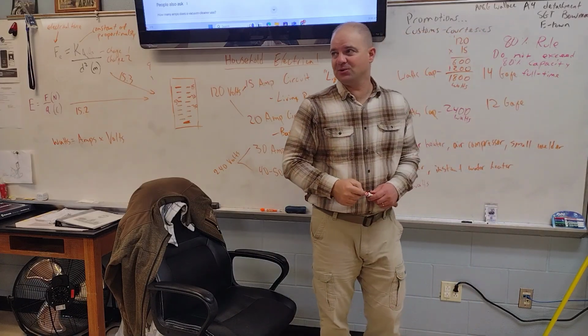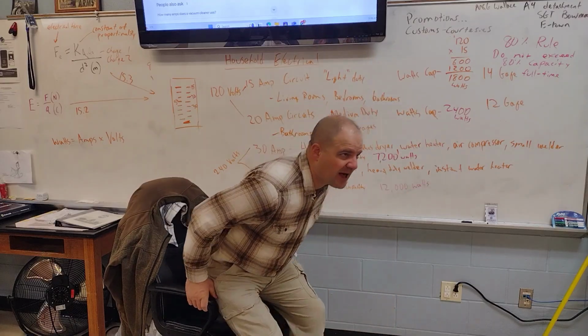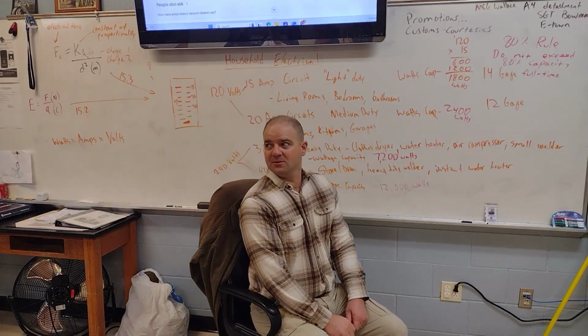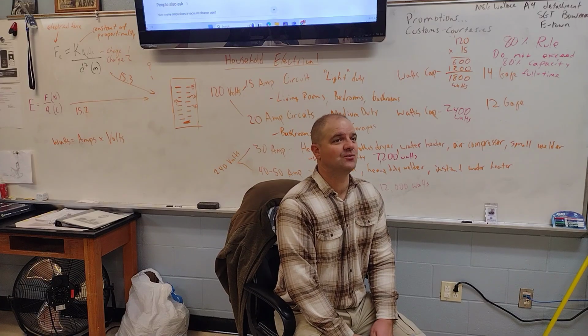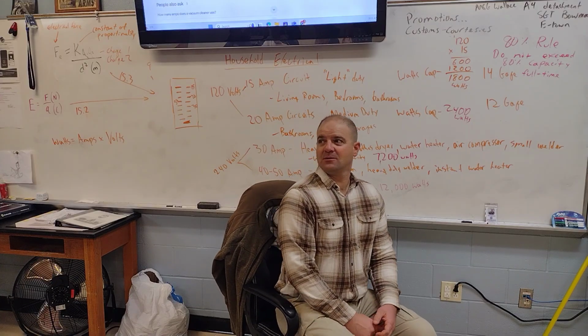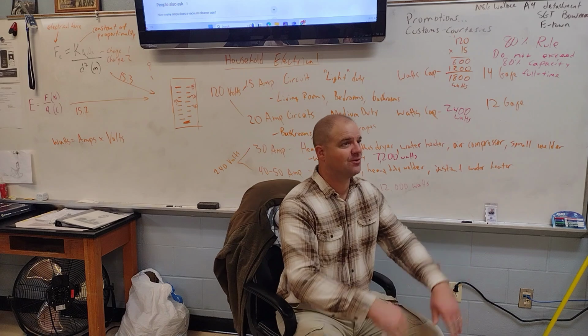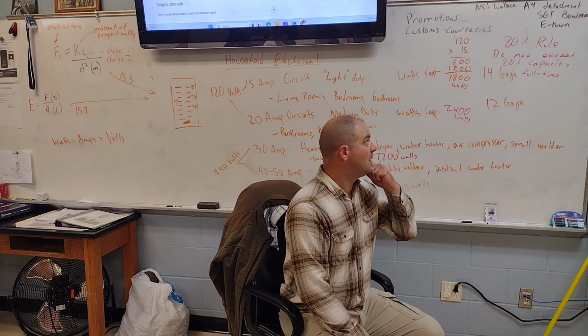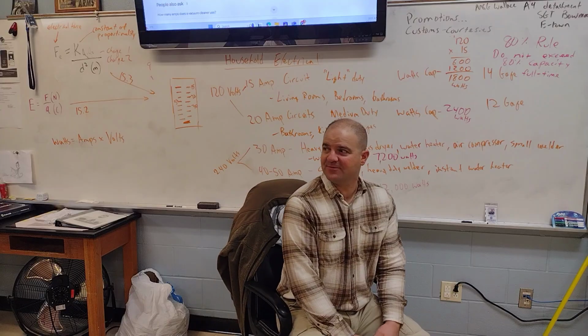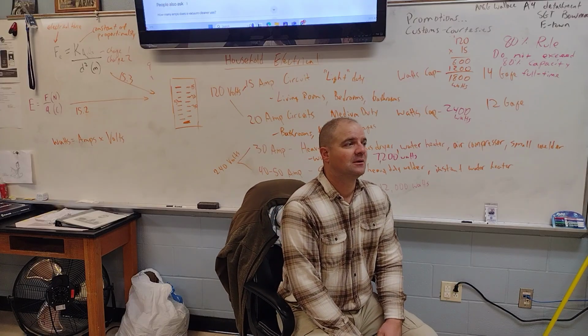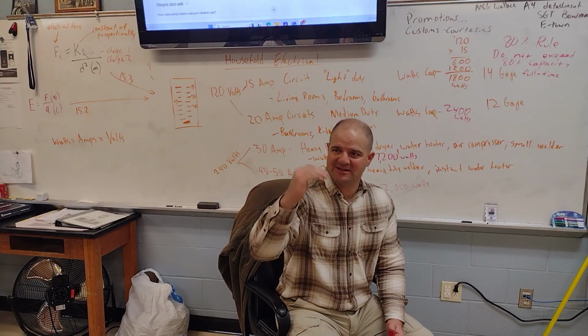So if you're expecting to run an appliance that takes 5,000 watts and it's going to be running full time, don't run it on a circuit that maxes out at 5,000 watts. Because you're pushing it to the limit all the time.